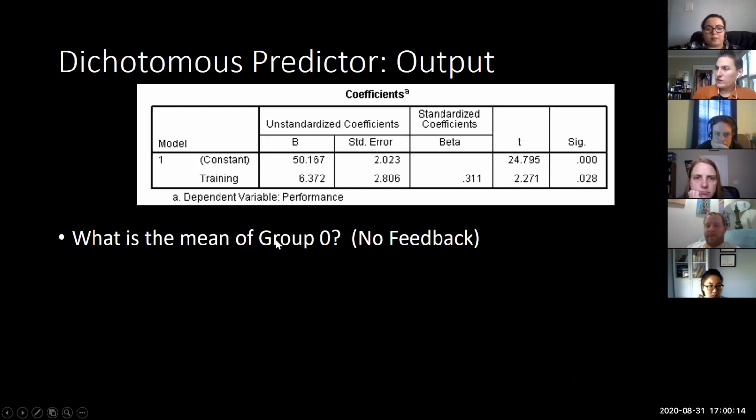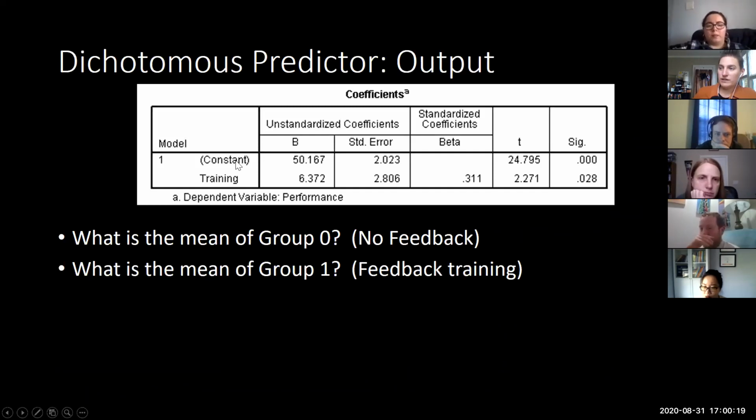So if we look at the mean of group 0, no feedback, and the mean of group 1, I just did those for you. The mean of group 0 here is 50, and the mean of group 1 is 56. You can use the regression equation to calculate those. We'll have lots of practice doing that, so don't worry.